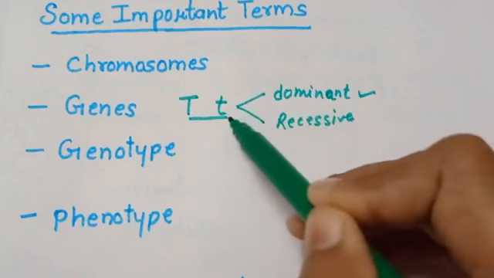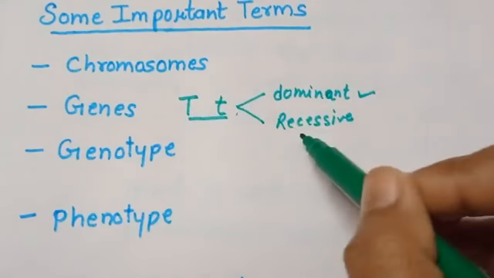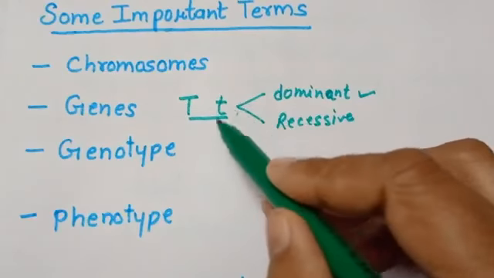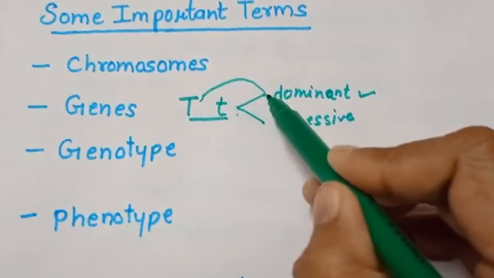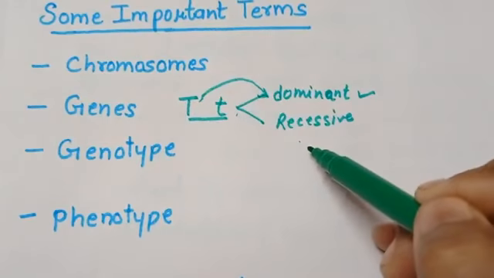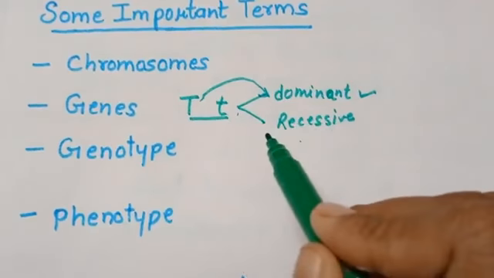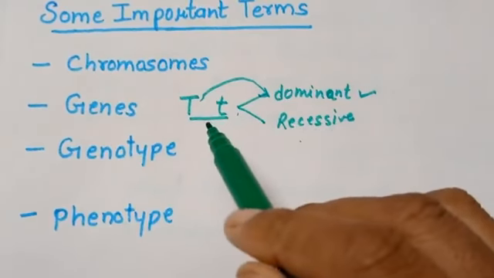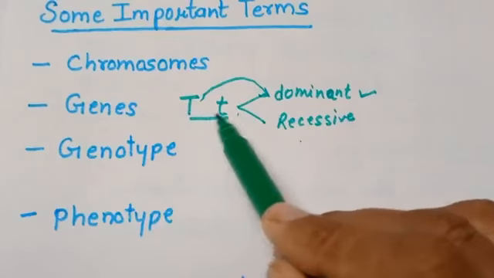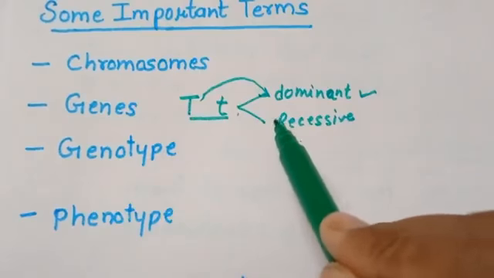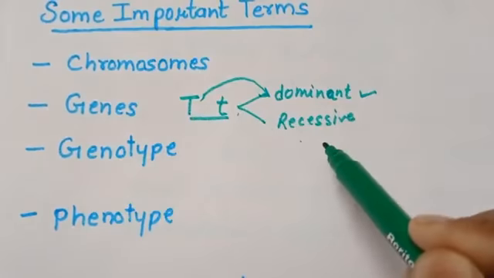So it does not care for small t, the recessive gene. Here the smaller letter represents the recessive gene and the capital letter represents the dominant gene. So the genes that control the same characteristic can be classified as dominant and recessive.